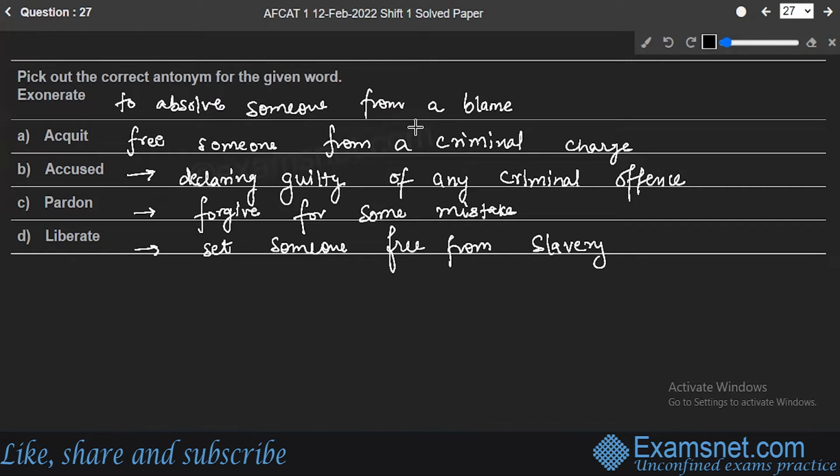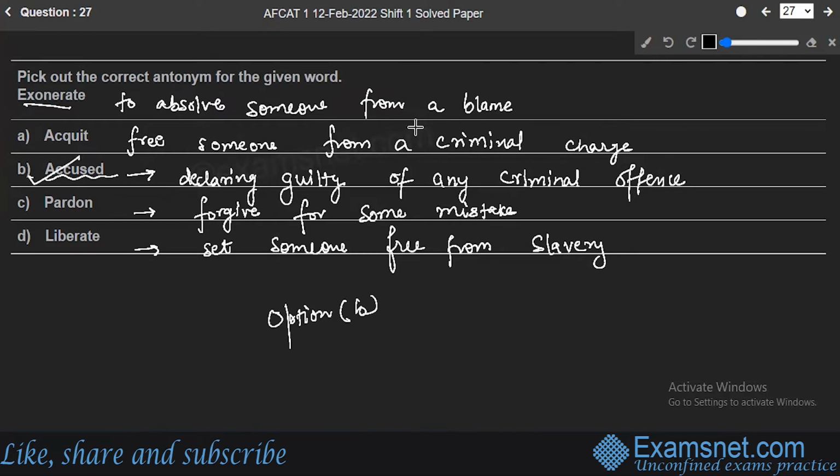So obviously, you have to find out the correct antonym for the word exonerate, to absolve someone from the blame. The correct one is accused, that is declaring someone is guilty of any particular criminal offense. So option B is the answer to this question.